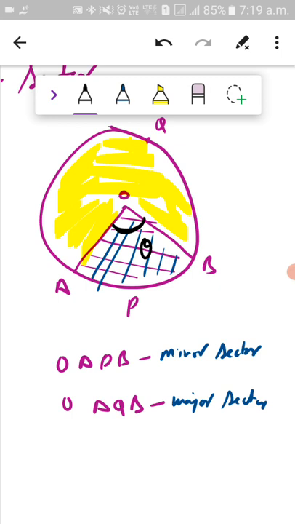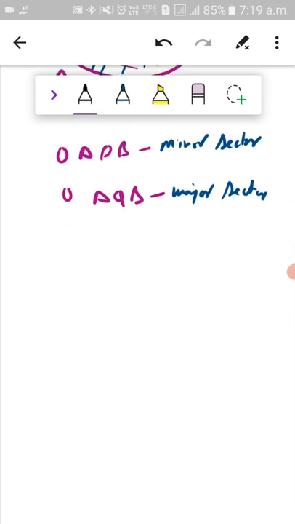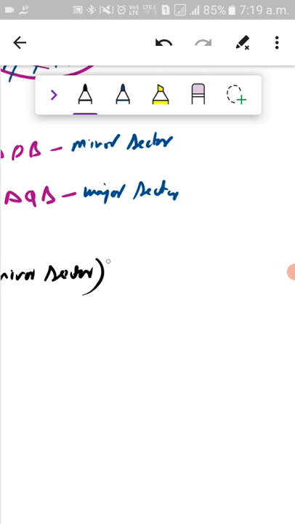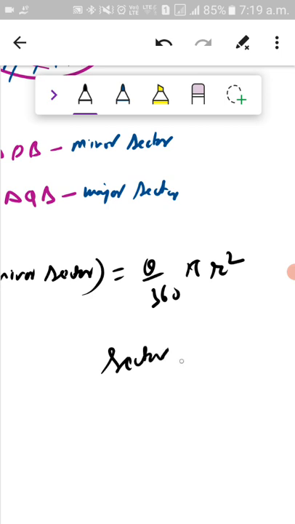To find the area of the minor sector, as this is a part of a circle, we can write theta by 360 pi r square. This is for the minor sector. And please remember that if anywhere it is written sector, it denotes the minor sector.